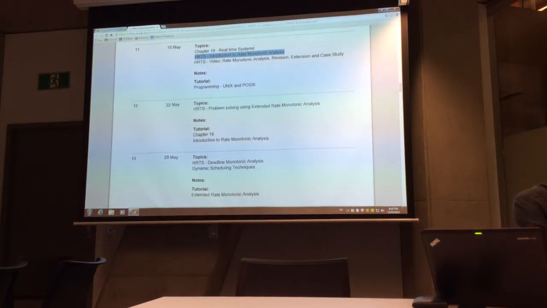So we find out what a real-time system is in chapter 19. And as I mentioned before, they confuse it a little bit. It's really nothing other than a computer system that's got input and output and processing constraints applied to it by the external environment. That's the important thing. So some other external specification will come along and say that certain operations, input, processing and output operations, need to be done by fixed points in time.